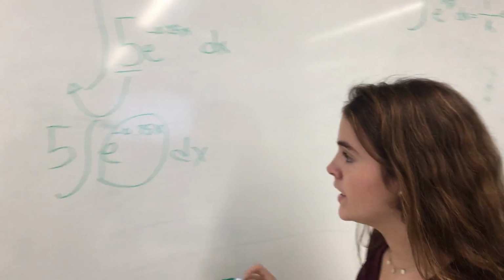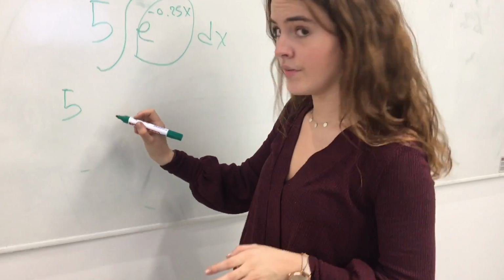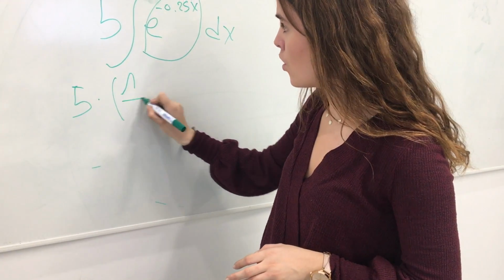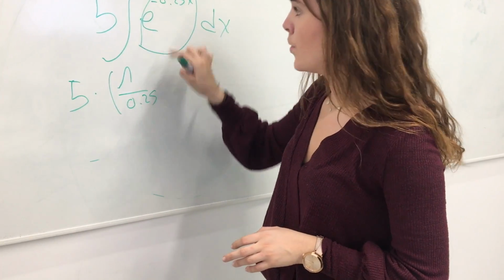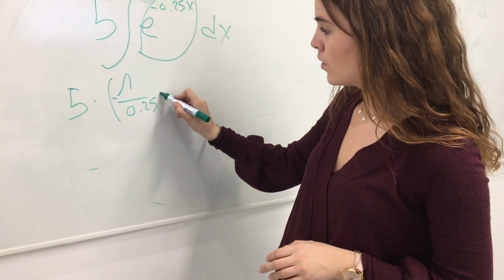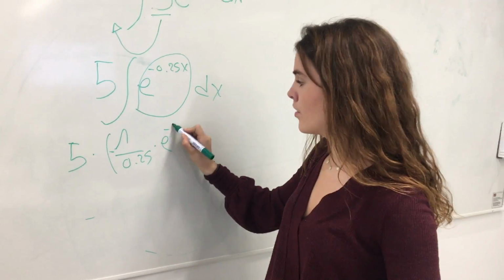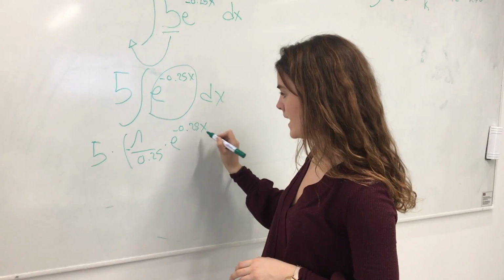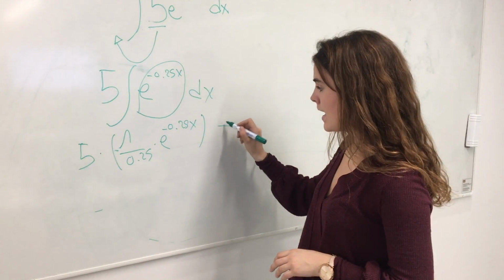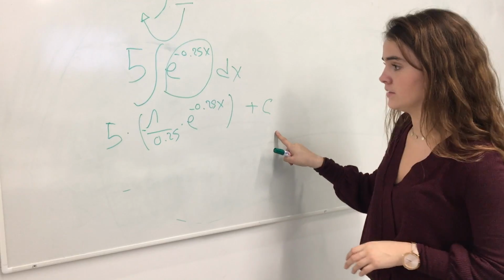Okay, so here this will be 5 times 1 over 0.25, but as we have here a negative sign, we will have to add it here. Then we have to multiply it by e to the power of minus 0.25x, and we will have to put plus c to add the integration constant.